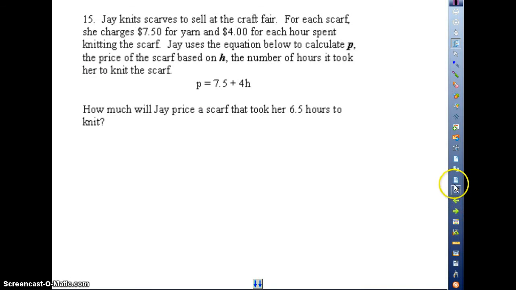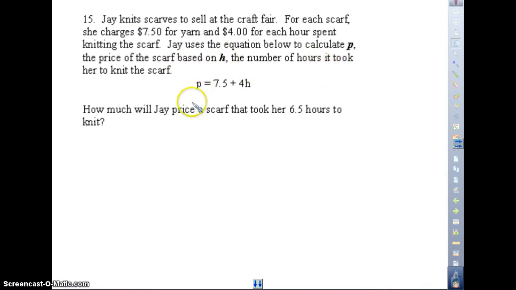Number 15, Jay knits scarves to sell at a crafts fair. For each scarf, she charges $7.50 for yarn and $4 for each hour spent knitting the scarf. Jay uses the equation below to calculate P, the price of a scarf, based on H, the number of hours it took to make the scarf.